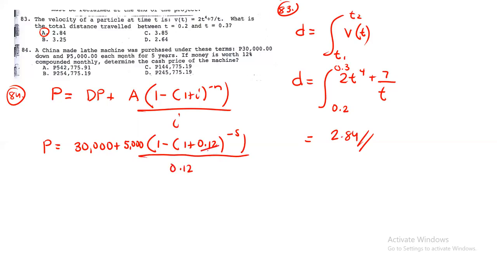So, over 12. Nakalimutan si over 12. Over 12. So, ito, times natin ng 12. So, makuha si present worth. So, ang present worth na makukuha natin dyan, guys, is 254,775.19. Letter B.